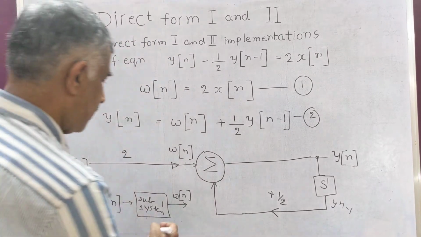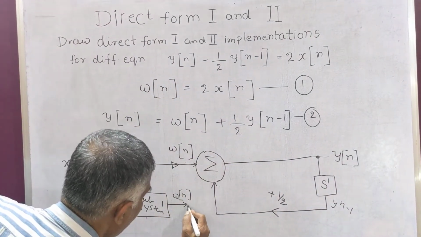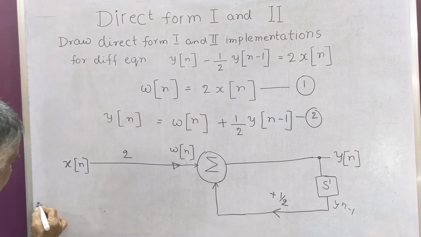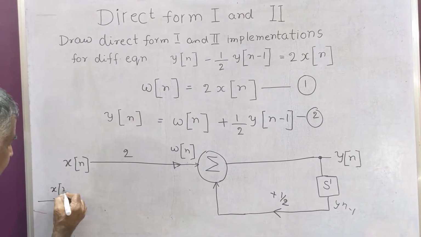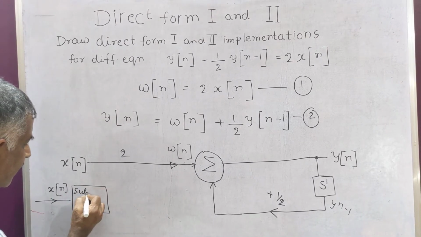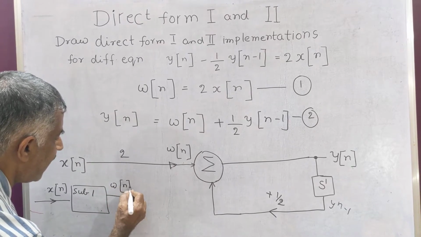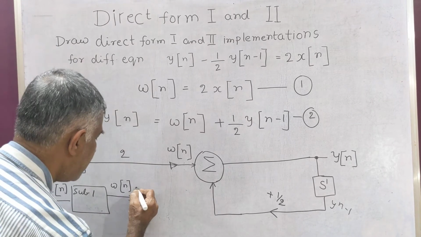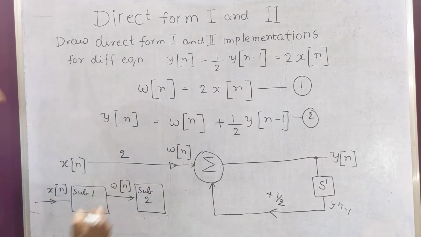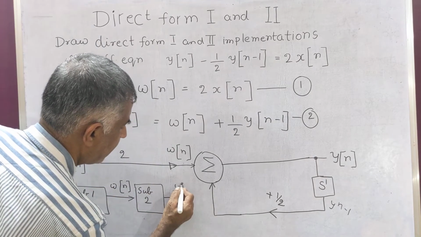Now this is one block. Here I will write: first x of n, then subsystem 1, where we are generating w of n, and then subsystem 2, where we are generating y of n.